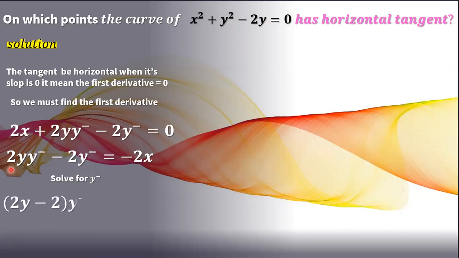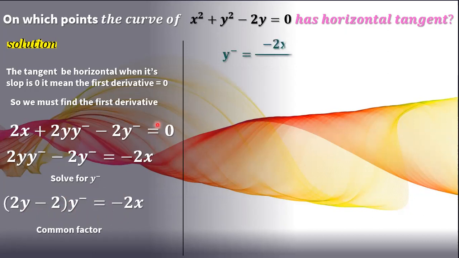So we will get 2y minus 2 times y prime equal negative 2x. Opposite of multiplication, division. So we will divide by 2y minus 2 on the other side. We will get y prime equal negative 2x divided by 2y minus 2.